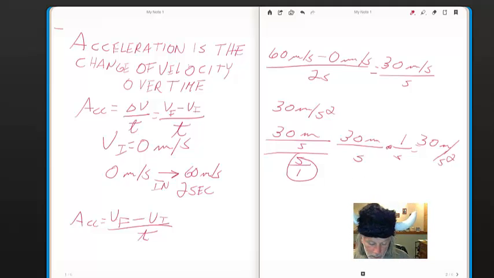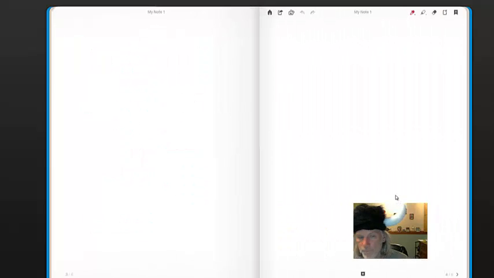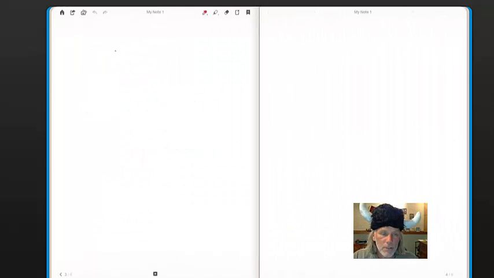Let's take another problem here with a little different units, and let's flip the page on this one.